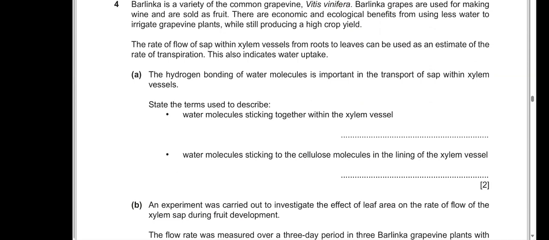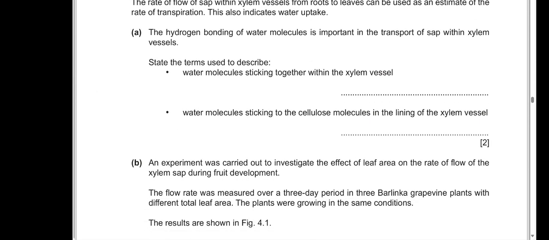Now, question number 4, part A asks us: the hydrogen bonding of water molecules is important in the transport of sap within xylem vessels. State the terms used to describe water molecules sticking together within the xylem vessels. We know the force of attraction between the same type of molecules is known as the cohesive force.